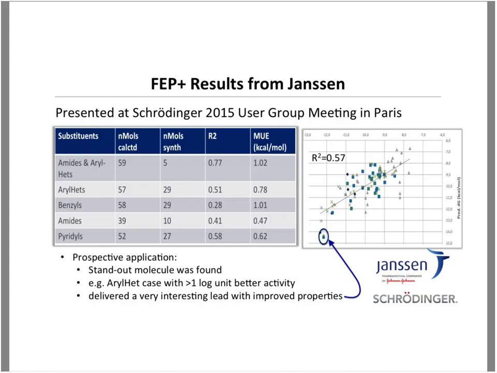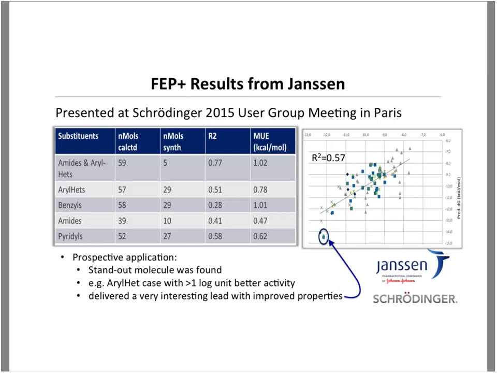I want to show a few slides of work that has been done by others using the FEP technology. There's a number of groups throughout the world that are now using this technology quite substantially in driving projects forward if there is a structural basis to do so.